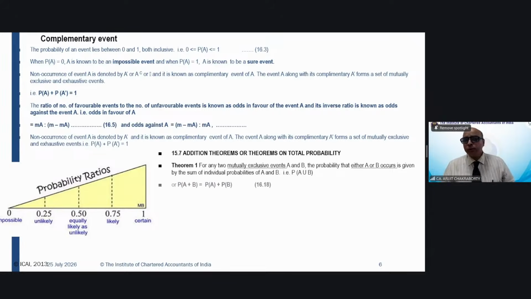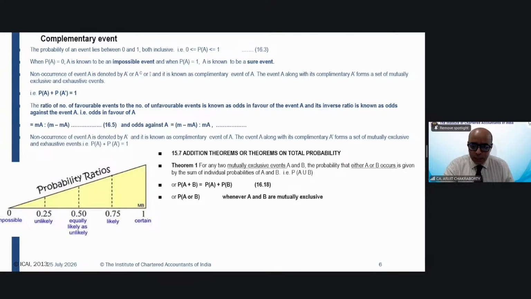Now we move quickly to the theorems we will learn, and then we will proceed to the problem solutions. We are on slide number 6, and now we see the theorems. For any two mutually exclusive events, the probability that either A or B occurs is given by the sum of the individual probabilities.